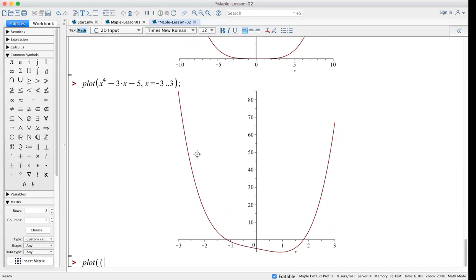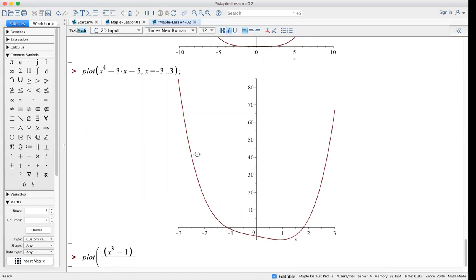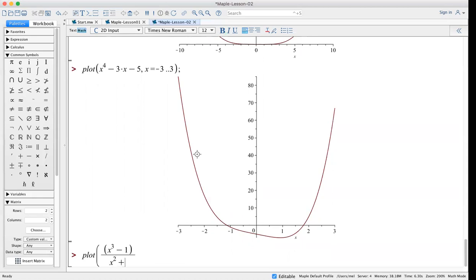The next plot is a rational function. I put in a parenthesis so I can divide and get my denominator. Well, this is x cubed minus 1 divided by x squared plus 1.